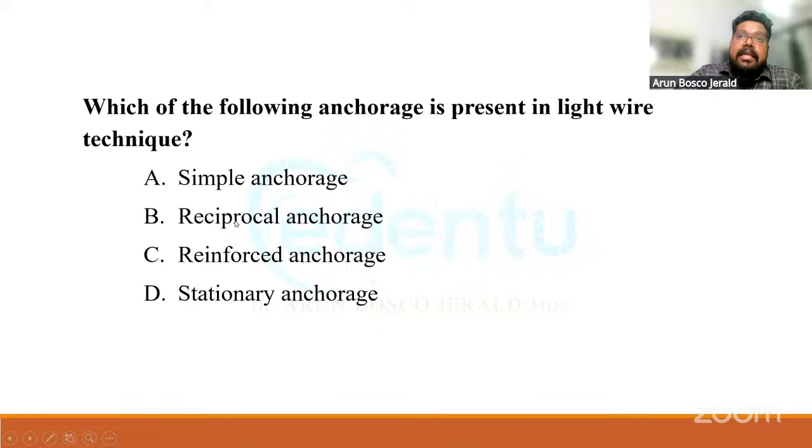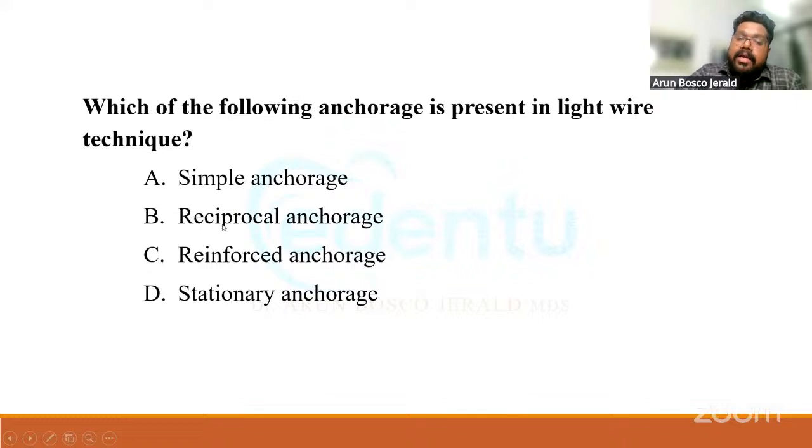Reciprocal anchorage is when the force is used for the movement of two different units towards each other. For example, in a midline diastema case, you have to move both the central incisors towards each other. So you are using each of the central incisors as an anchorage unit, and the result is movement of both teeth. So reciprocal movement is used as an anchorage.